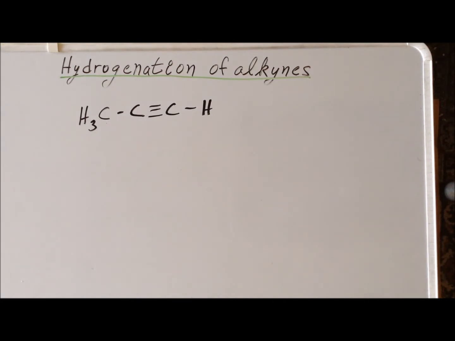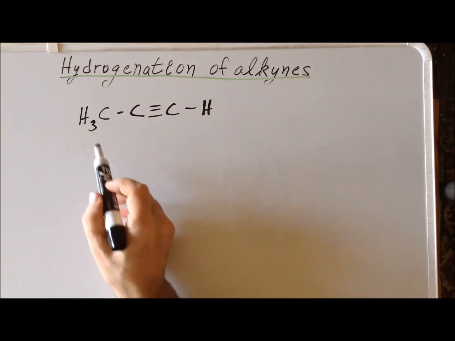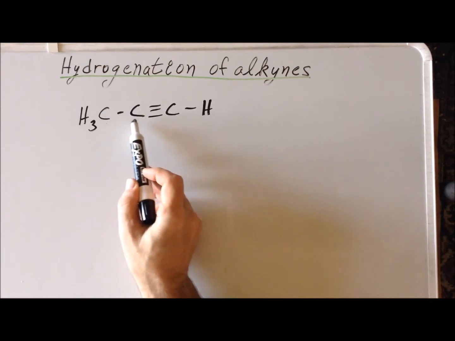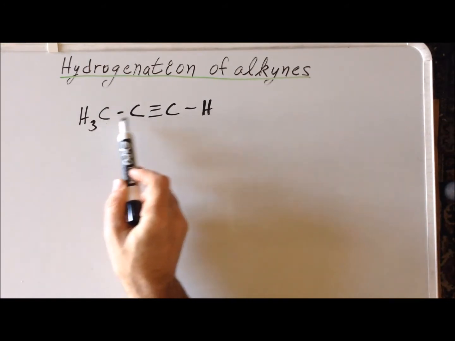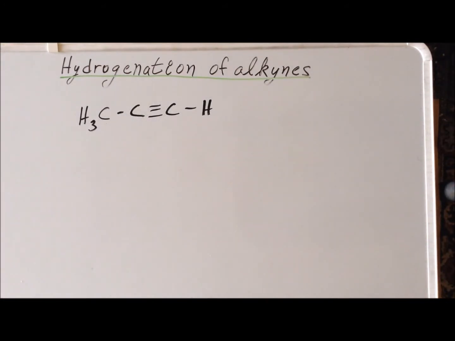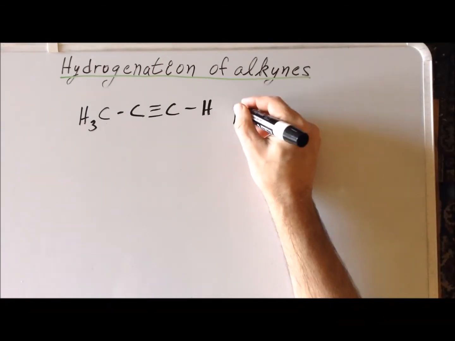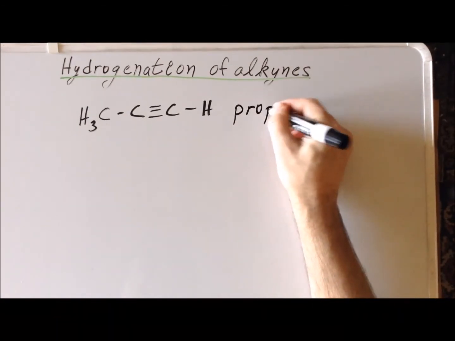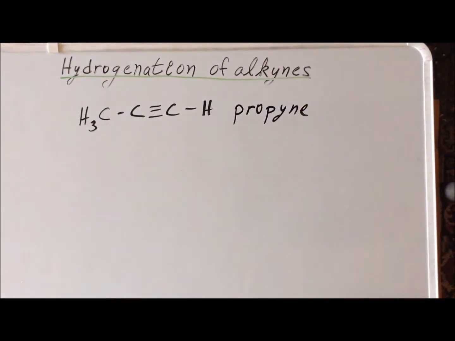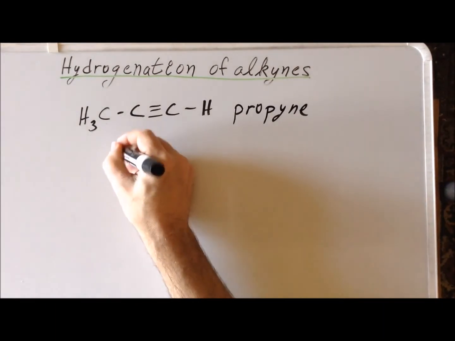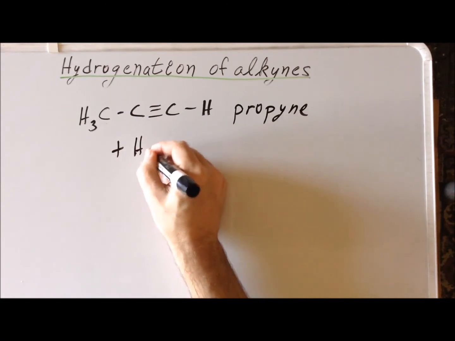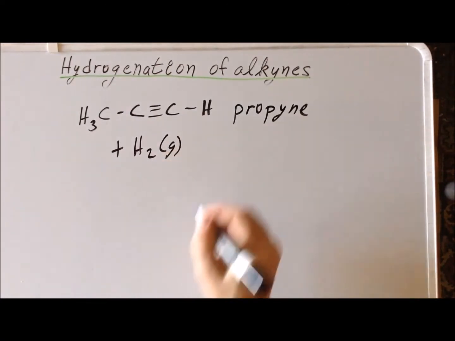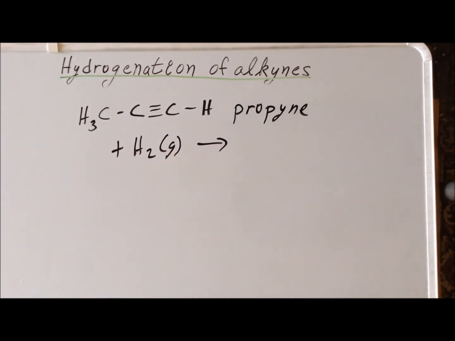The next most complicated alkyne has the following structure. So we do have a carbon-carbon triple bond, but also a carbon-carbon single bond. And this compound is called propyne. If we would like to catalytically hydrogenate this, so we react it with H2 gas in the presence of the proper catalyst, what do we get?